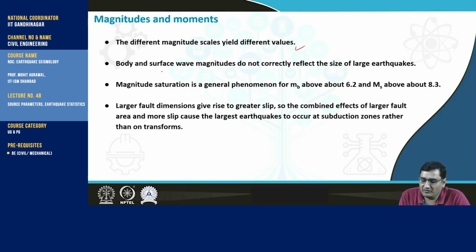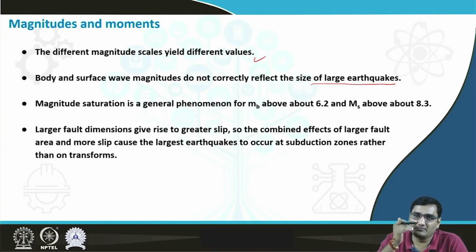Body and surface wave magnitudes do not correctly reflect the size of large earthquakes. This is the problem of magnitude saturation, which means that after a certain magnitude, the body wave and surface wave magnitudes get saturated and do not show the correct magnitude value of large earthquakes.